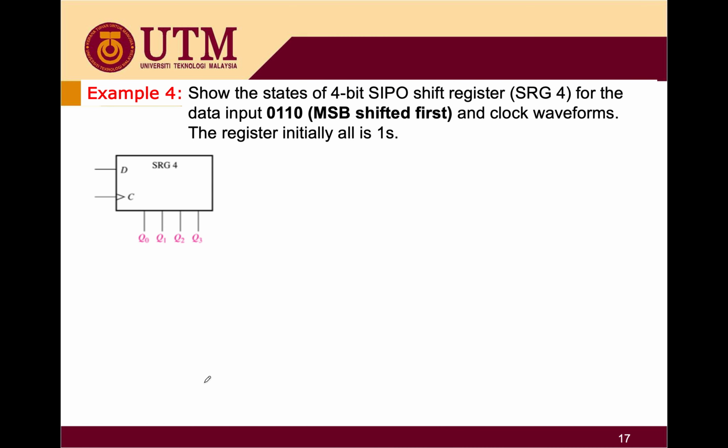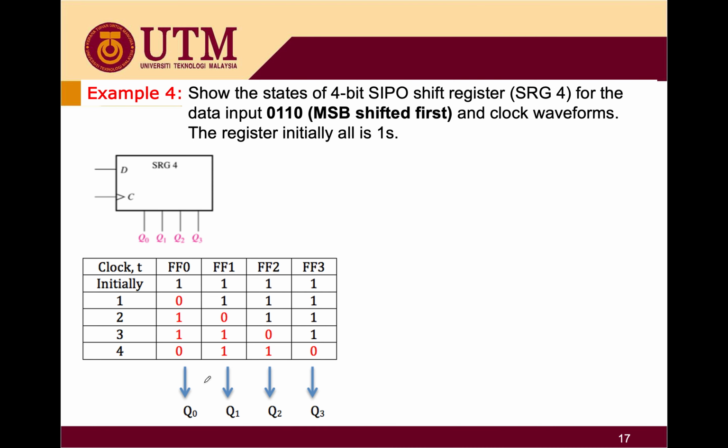Show the state of a 4-bit SIPO shift register for the following data input 0 1 1 0. First of all, MSB is shifted first, and the register is initially all 1.